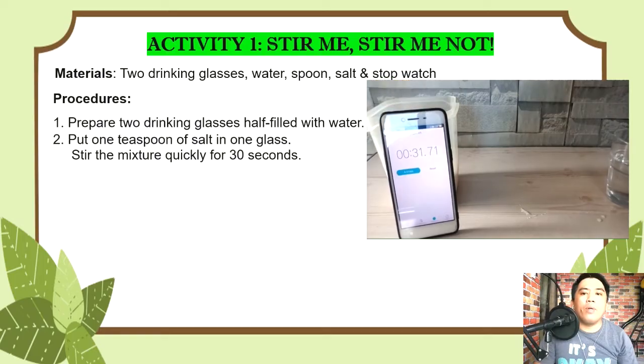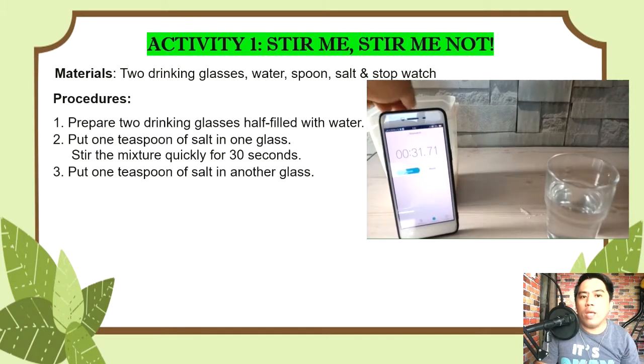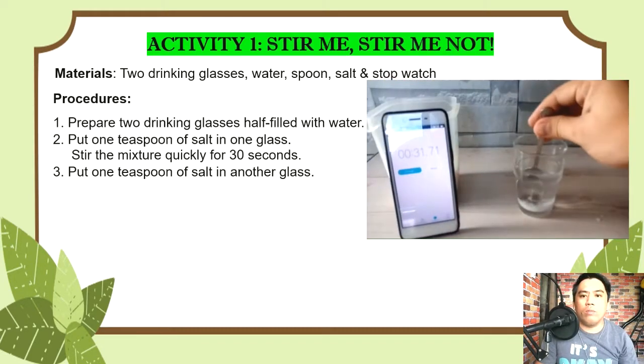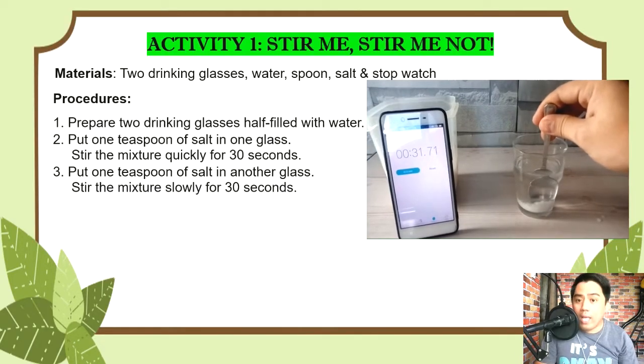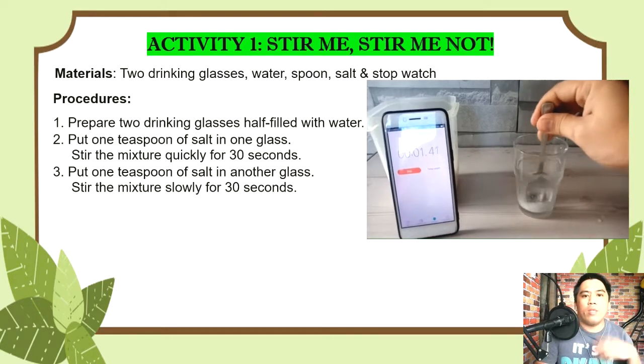Then number 3, put 1 teaspoon of salt in another glass. So yung isang baso natin, lagyan ulit natin ng 1 teaspoon of salt. Stir the mixture slowly, slowly naman, for 30 seconds. So, reset natin yung ating timer. Set na natin for 30 seconds.